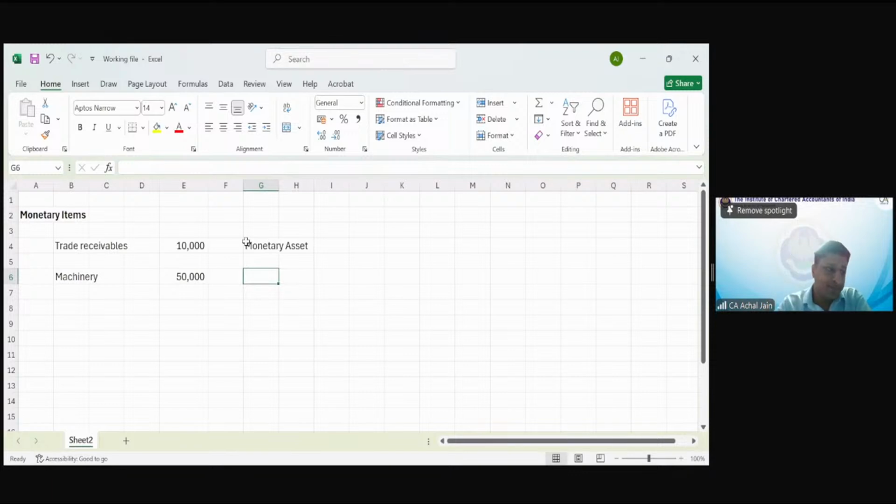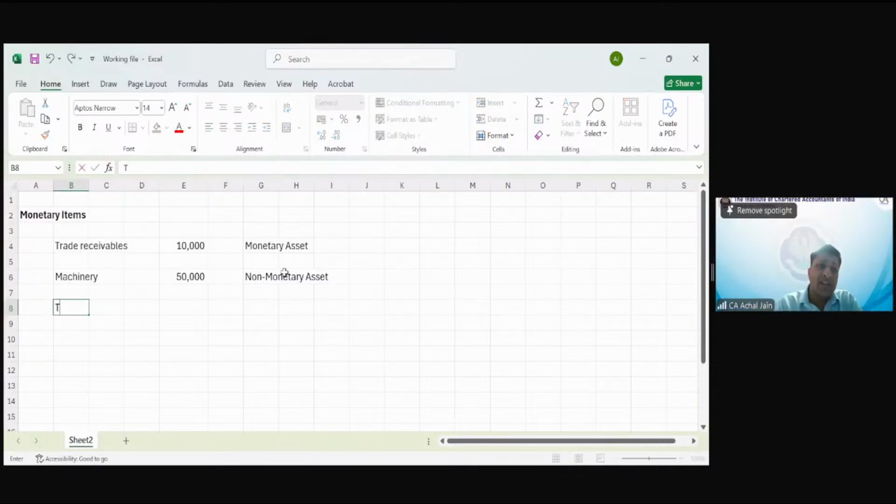Tell me, will this be fixed or determinable? Answer is no. So that's why you call it a non-monetary asset. What are other examples of non-monetary? Inventory, for example, is non-monetary. Cash will be monetary. Bank balance will be monetary.